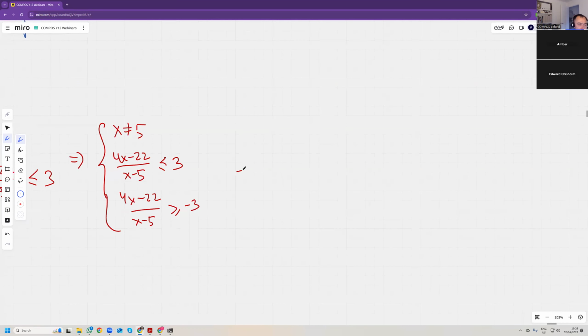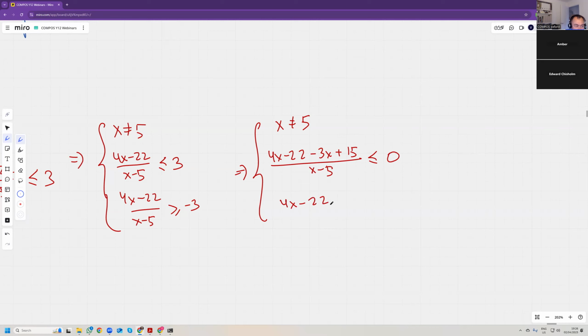So x is not 5, (4x minus 22 minus 3x plus 15) over (x minus 5) less than 0, and (4x minus 22 plus 3x minus 15) over (x minus 5) greater or equal to 0. I can't multiply by x minus 5 here because I don't know if x minus 5 is positive or negative.